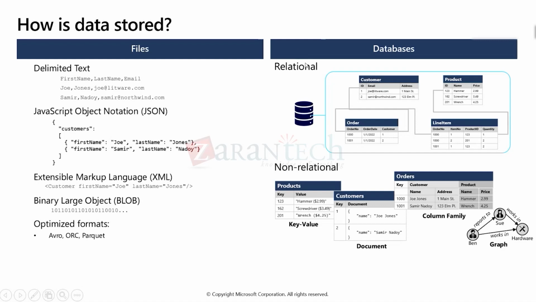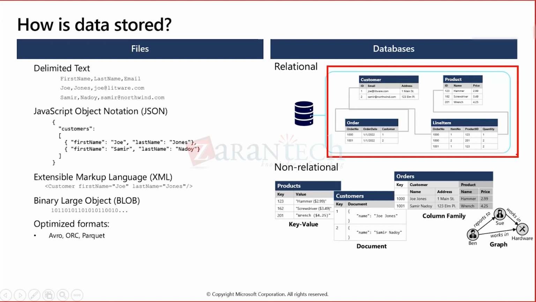Second, apart from files, now coming to the right side of the diagram, relational database. I think everybody knows relational databases, right? Relational databases are commonly used to store and query structured data. Data is stored in a table that represents some entity like customer, product, sales order, and so on. Every instance of the entity is assigned a primary key that uniquely identifies the record.